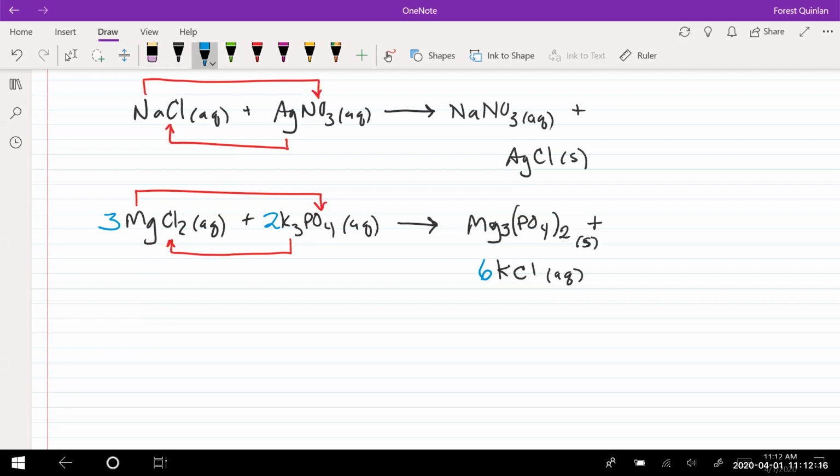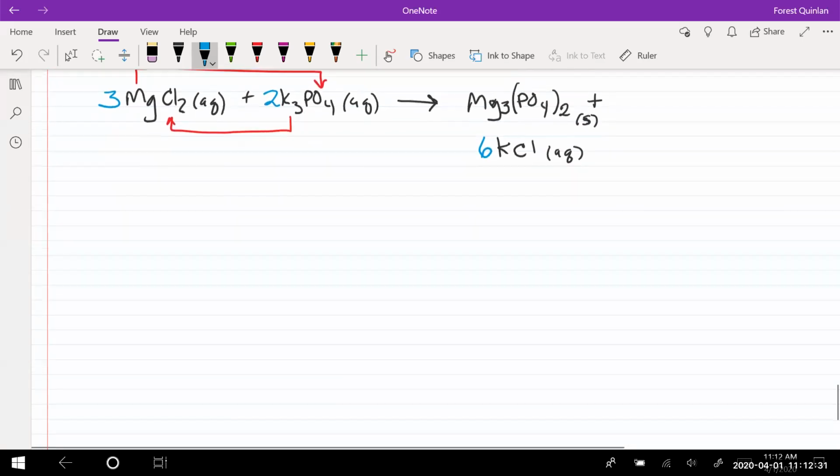Okay? You will not go above 6 unless it's a combustion. In all of the ones that we have done right now, with the decomposition, single, double, and now neutralization coming up, you will not go above 6. If you're going above 6, you're doing something wrong. Okay?